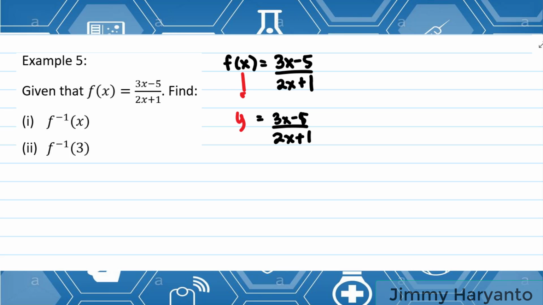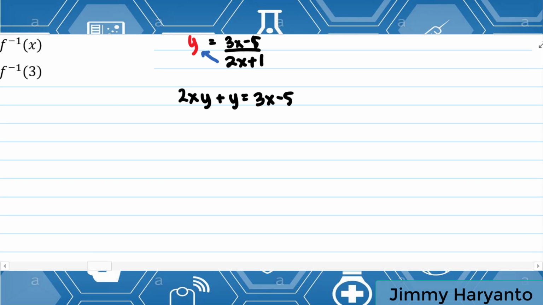And then we have to make it into x equals. So we have to cross multiply 3x minus 5. Because we want to make it into x equals, we need to group the x. So I will move this one to the left side, negative 3x. Then I move this one to the right side, negative 5, negative y.